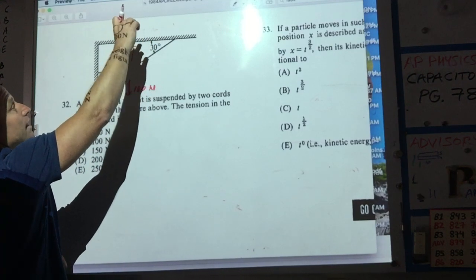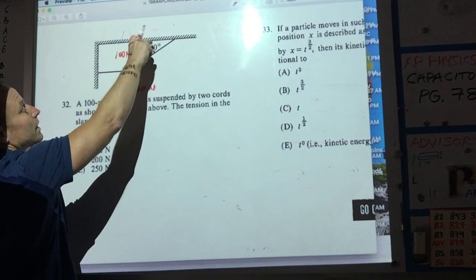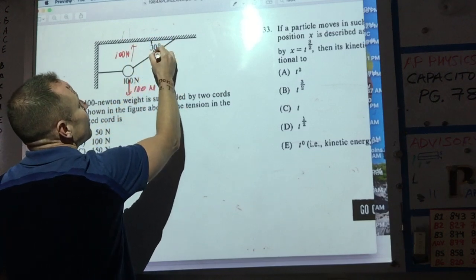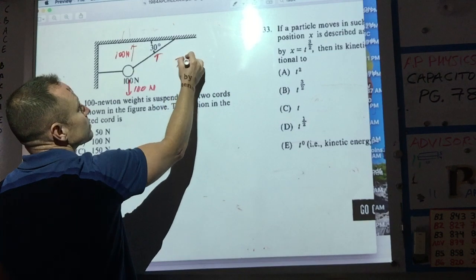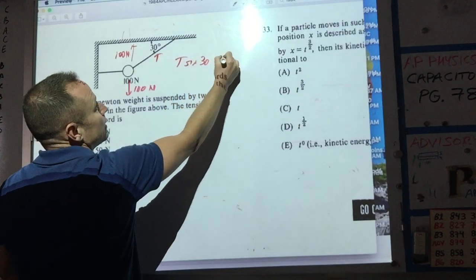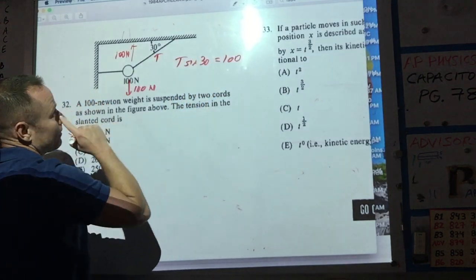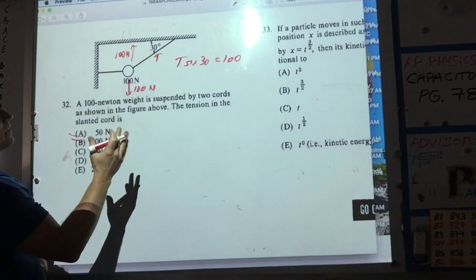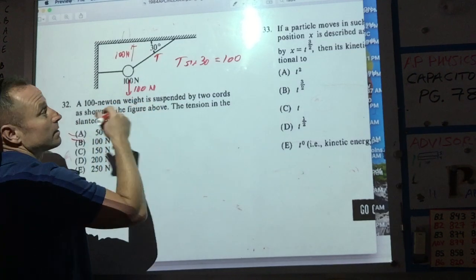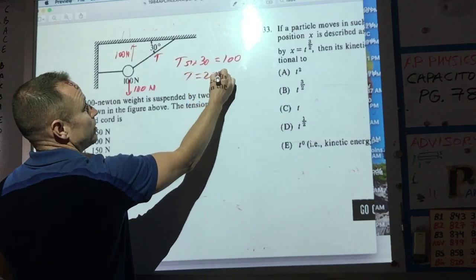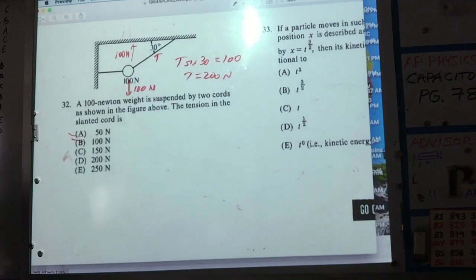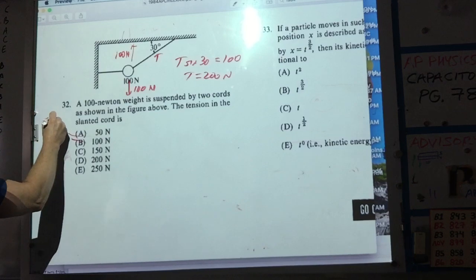To get the component that's here, it's mystery number T sine 30 equals 100. Well, sine of 30 is 0.5, so T times 0.5 is 100. That means T's got to be 200 newtons. So that should be D. 32 ought to be D.